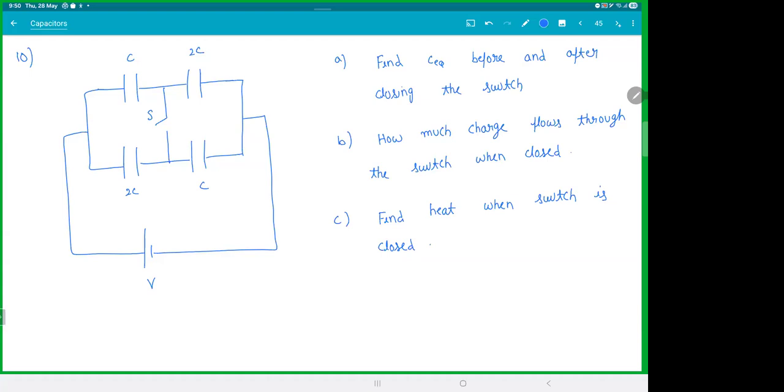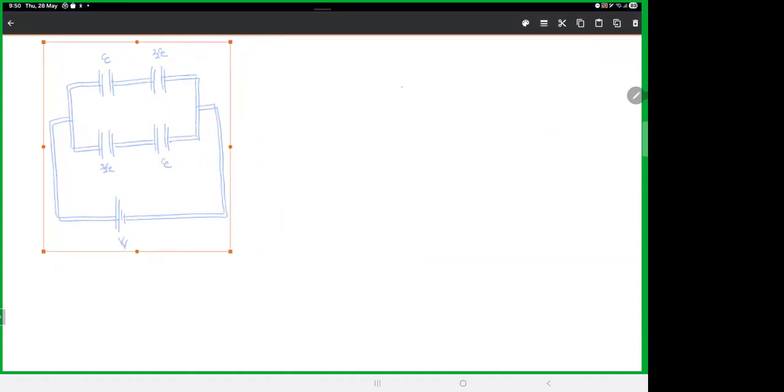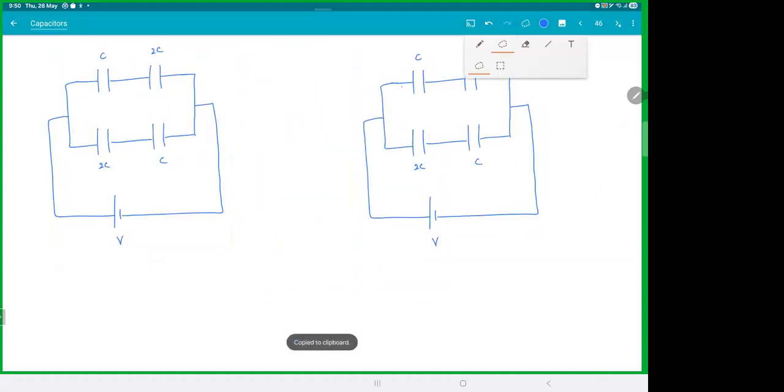Okay, let's see. Yeah, C equivalent, I think most of you got it. So when the switch is open, how does the circuit look? This is an open switch.